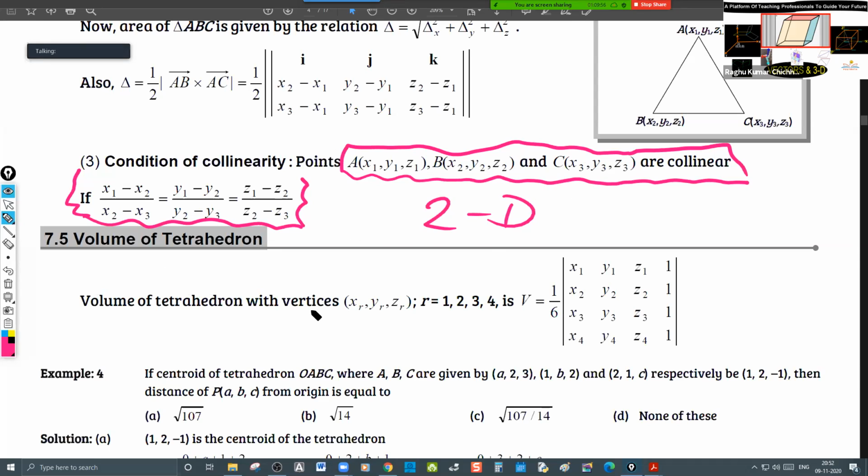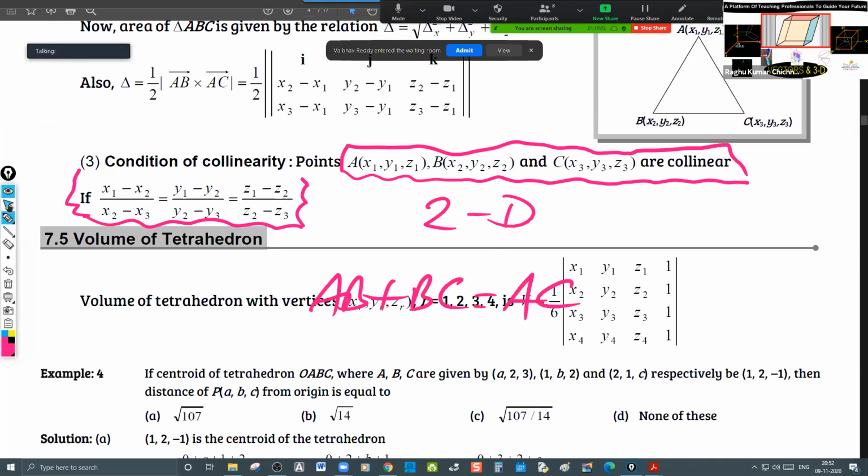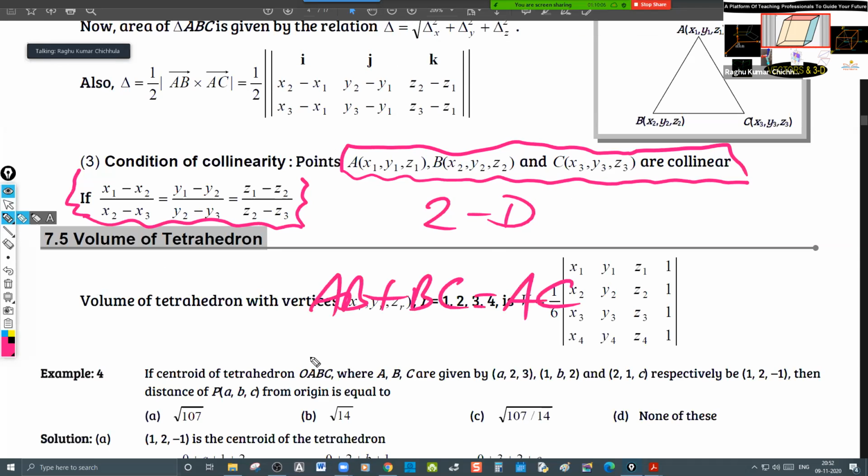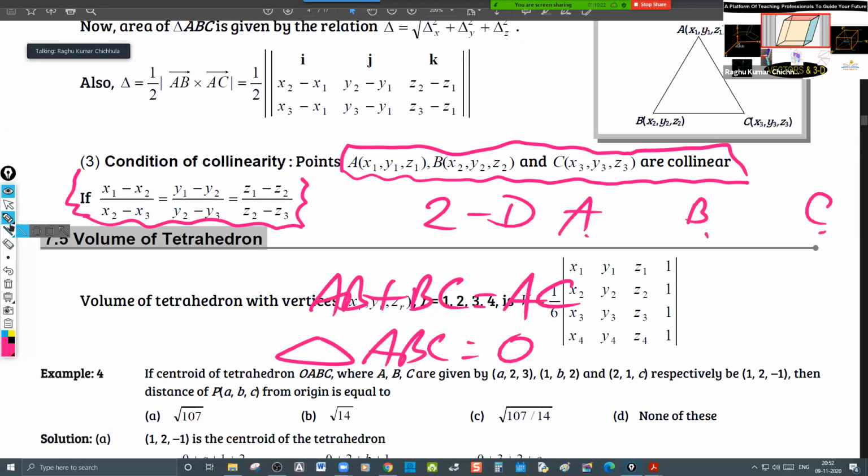AB plus BC is equal to AC. Or otherwise, we find the area to be 0. Correct or not? If 3 points A, B, C are collinear in 2-dimensional geometry, then if you find out AB distance, BC distance, and AC distance, and AB plus BC gives you AC, then we say that they are collinear.